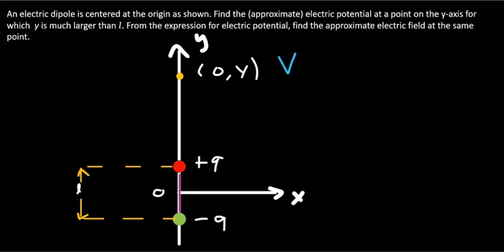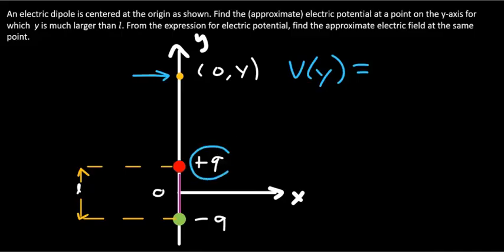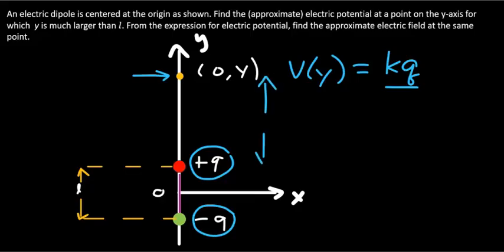The electric potential, V, at a point whose y-coordinate is y, has two contributions. The first contribution is from the positive point charge, and the second contribution is from the negative point charge. So the expression is the usual point charge expression, kq, over this entire distance.